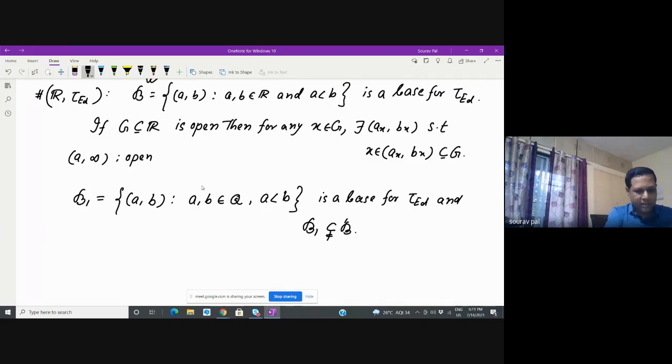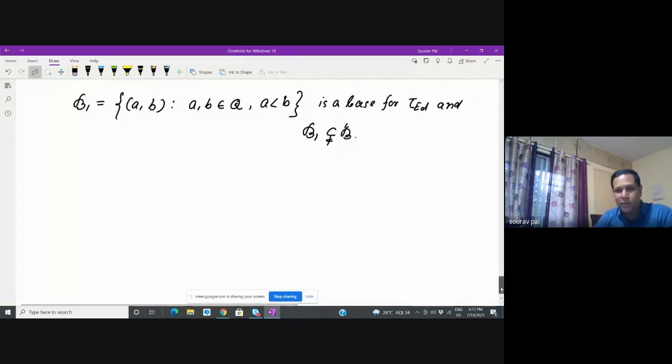Well, I'm going to state a theorem that will give you a criterion for a collection to become a base. But that is, once again, very trivial. You can understand this very clearly. Nevertheless, I'm going to state it.